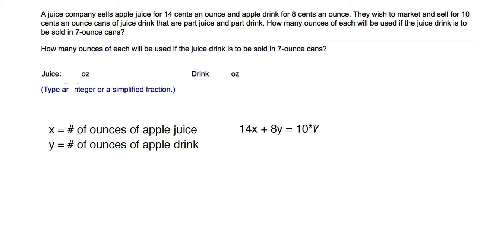The final drink is supposed to be 10 cents per ounce, and it's supposed to be a 7-ounce can that they're trying to mix together. So that's an equation that deals with the money. Now we can actually make a much simpler equation. The total ounces are supposed to be 7 ounces. So we have X ounces of apple juice, Y ounces of apple drink, and that should equal 7 ounces when we combine them all together.